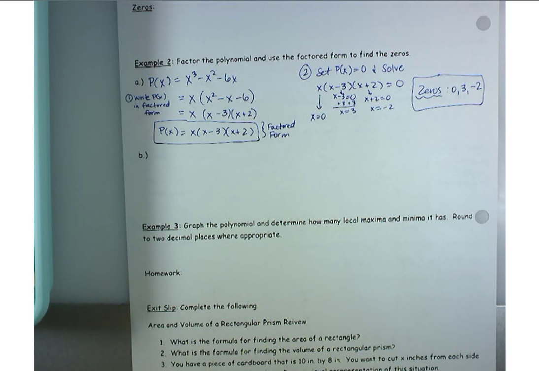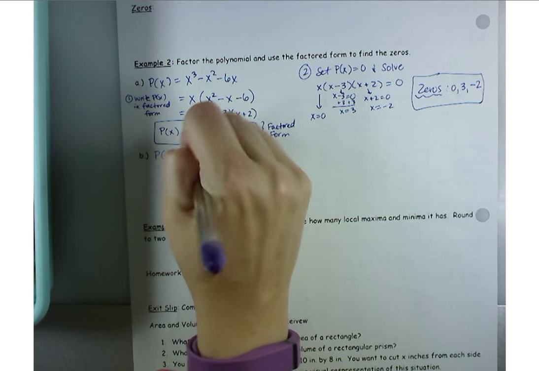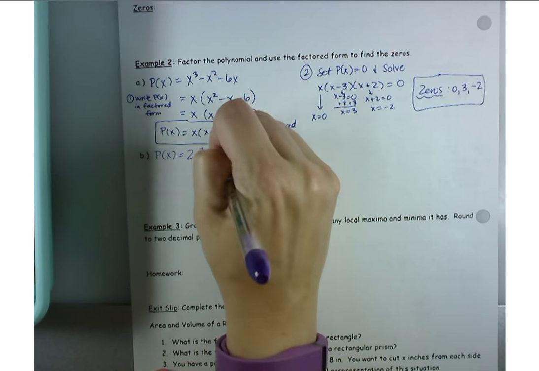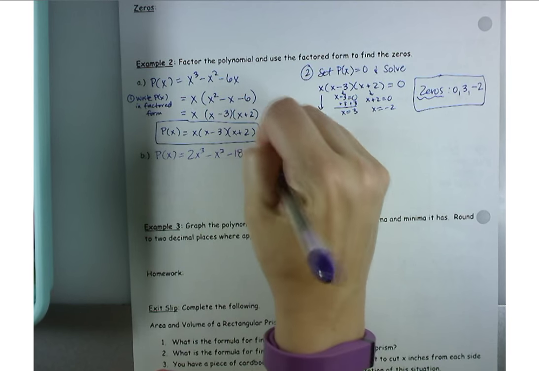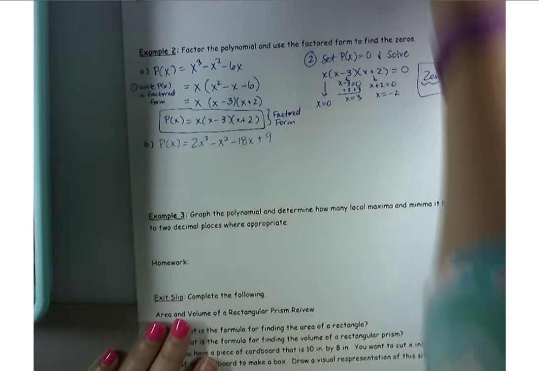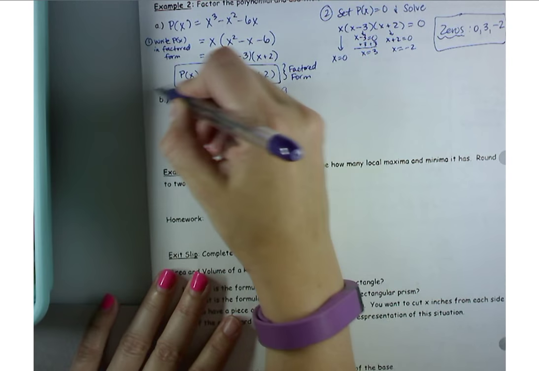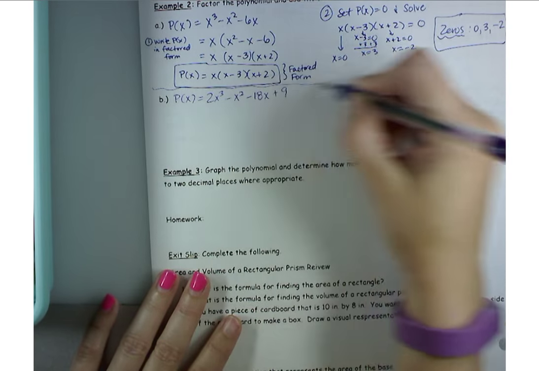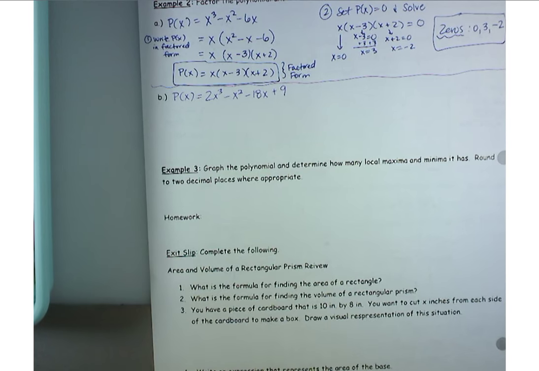Okay, good. All right, so then for B, we're going to do P of x equals 2x cubed minus x squared minus 18x plus 9. So first step, do they have anything in common?